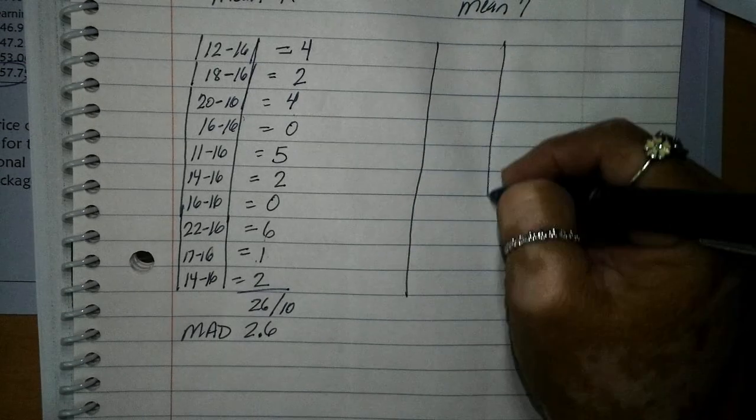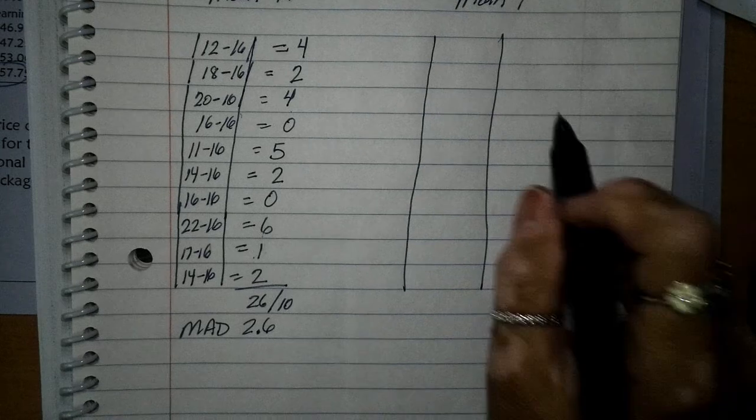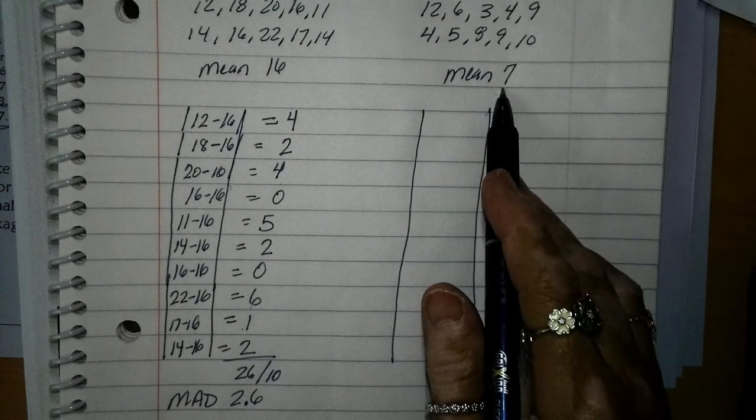So I'm going to go ahead and just draw a line for my absolute value. Now my mean is 7.